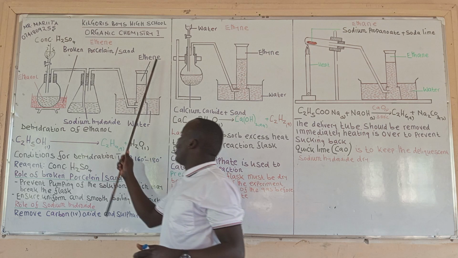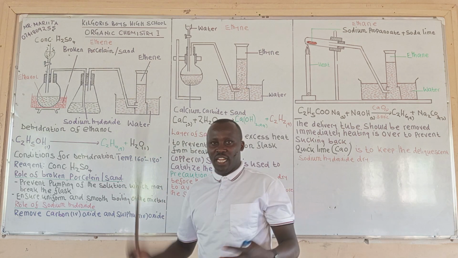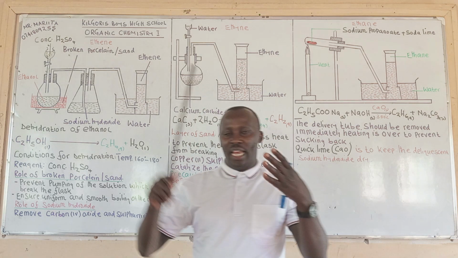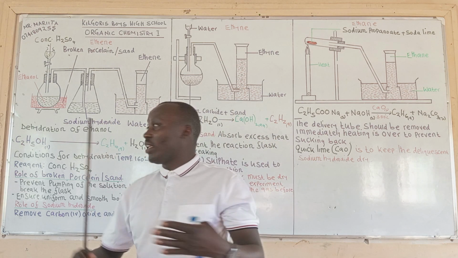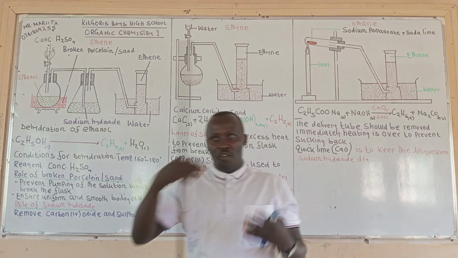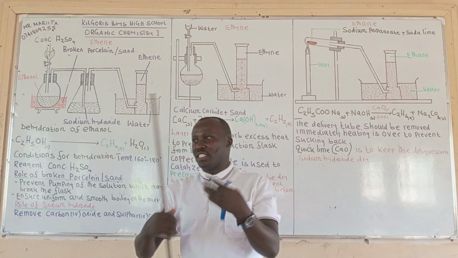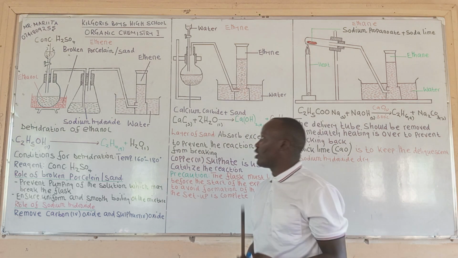And then from there, you have methods of the gas collection. As you can see from this diagram, this ethene gas is collected by the downward displacement of water, or what we call the over water method.